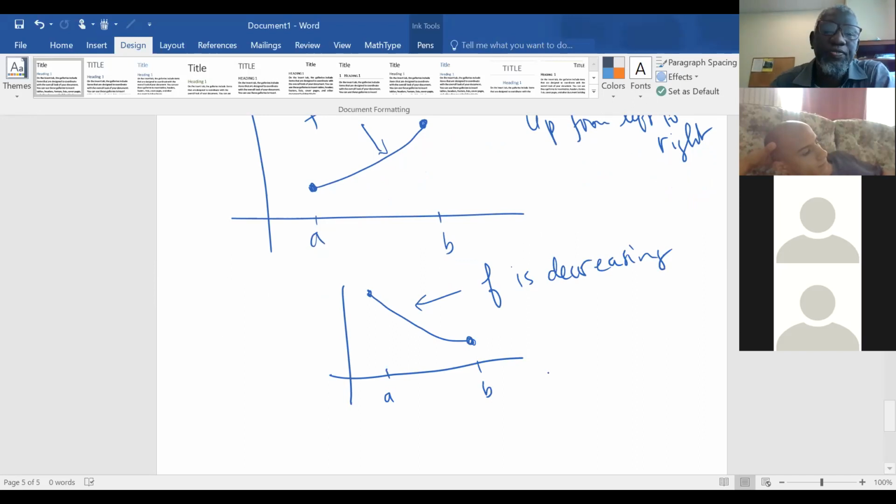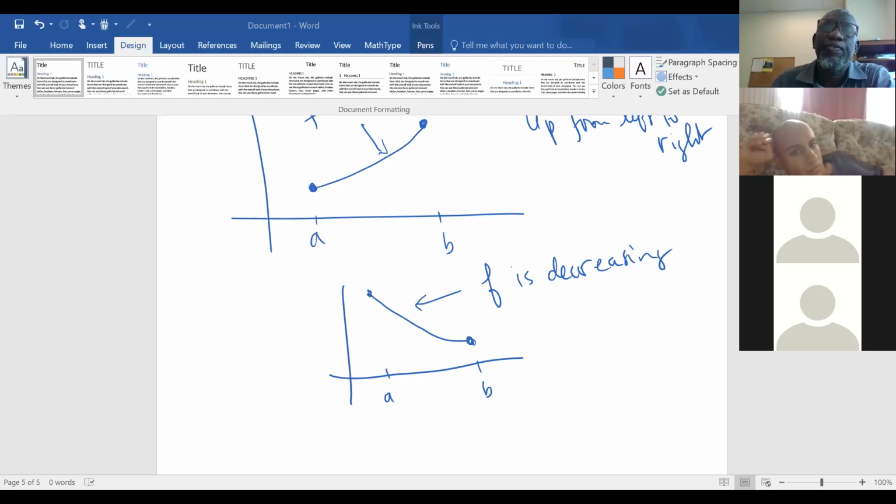So graphically, it's very easy to tell when a function is increasing or decreasing. Algebraically is not as easy as that. So in 163, we don't do the algebraic stuff. We're just gonna deal with graphs.